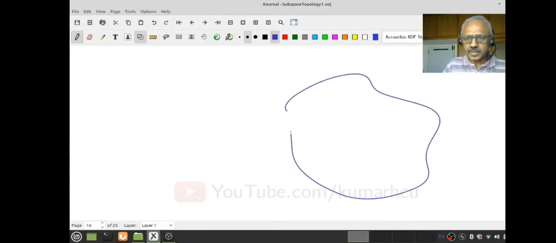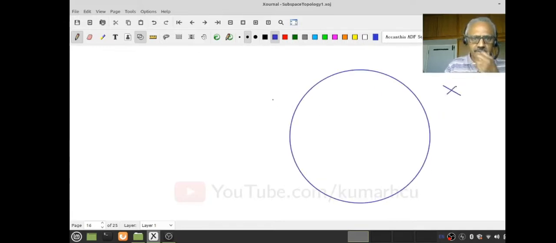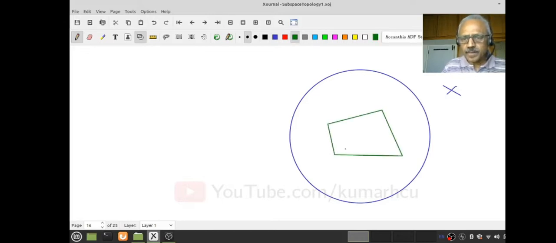Again let us look at the picture so that you should know. So this is my X. I didn't want it to be a circle, but it happened. Now suppose this is my A, right? Now suppose I take my a here. Now B(a, r) will be this.